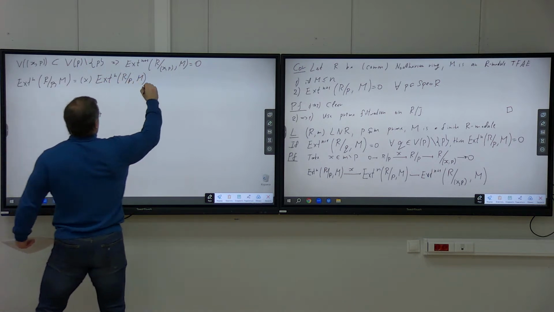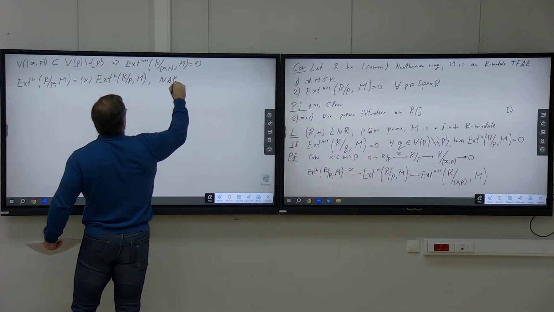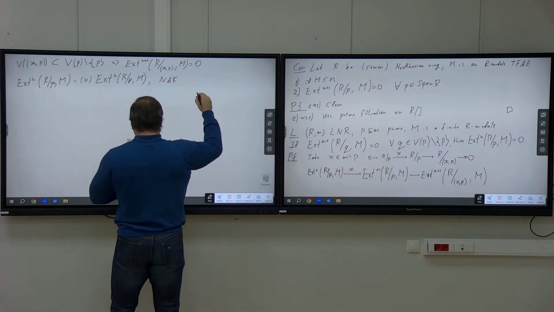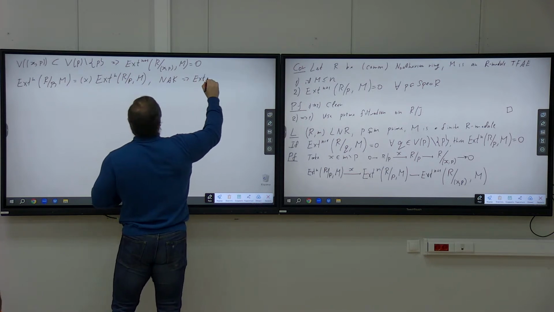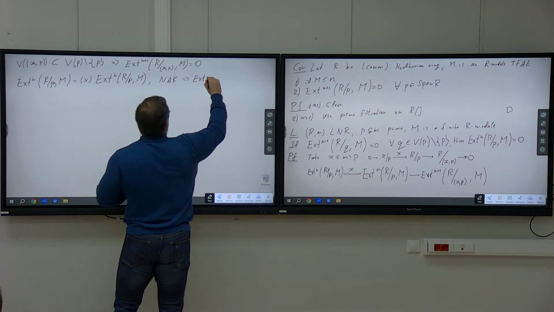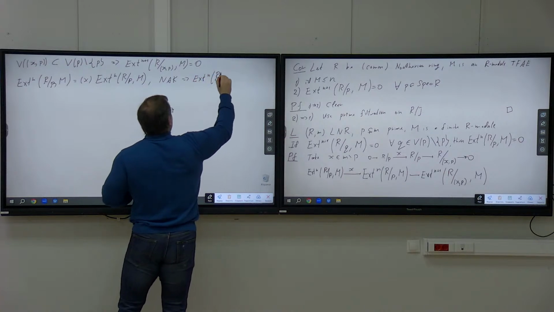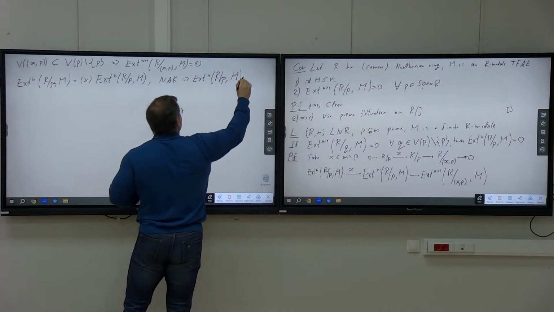And applying Nakayama's lemma, we conclude the vanishing of the Ext^n(R/𝔭, M).